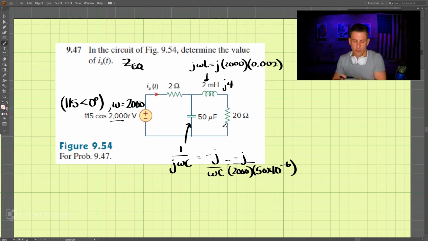So this comes out to be negative 10, or negative J10.